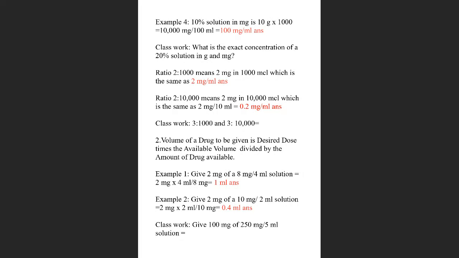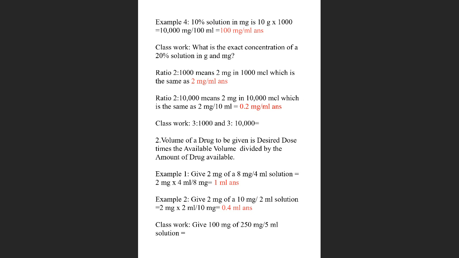All right, so we have a solution that has 8 milligrams in 4 mils. We need to give 2 milligrams. Using the volume of a drug to be given formula, it is the desired dose times the available volume divided by the amount of drug you have.